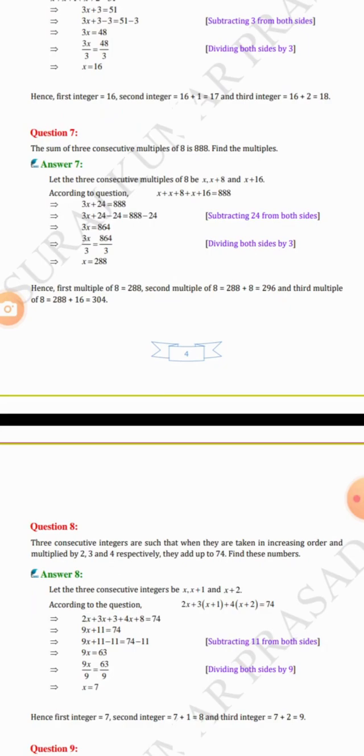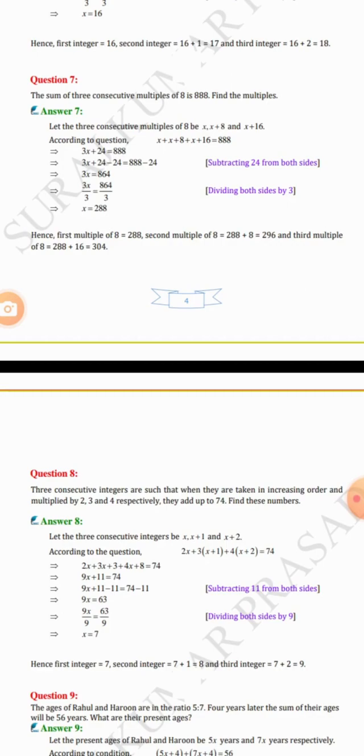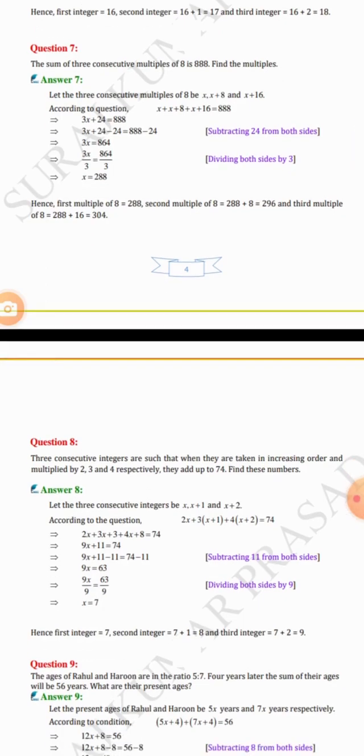Let's go for the next question. Sum of three consecutive multiples of 8 is 888. Find the multiples. Let the three consecutive multiples of 8 be x, x plus 8 and x plus 16. According to the question, x plus x plus 8 plus x plus 16 is equal to 888. Then 3x plus 24 is equal to 888. Then by subtracting 24 from both sides, we get 3x plus 24 minus 24 is equal to 888 minus 24.